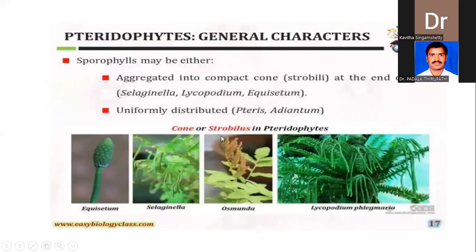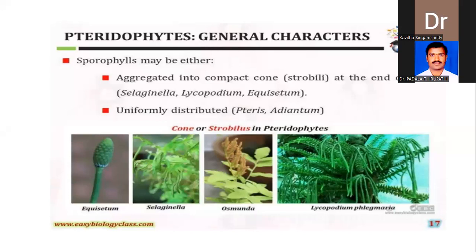Now, next we move on to where these sporangia are developed. These sporangia are always developed on the fertile leaves, which are called sporophylls. I repeat this once again. The leaves which are developing the sporangia are called sporophylls.